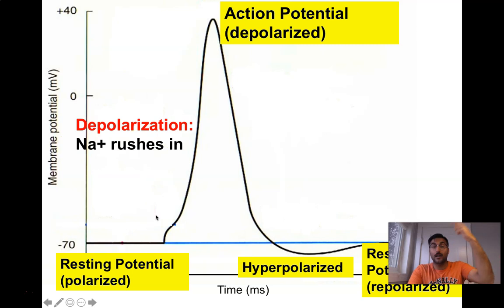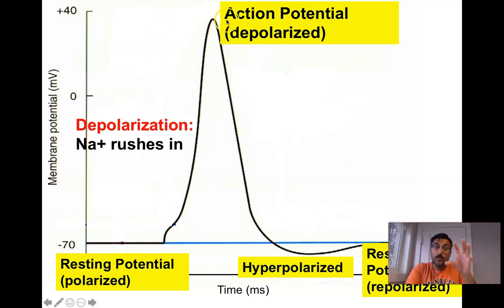We're going to get more positive, going from negative 70 all the way up to the plus 40. Once that's happened, you've got what's called an action potential. We have a depolarized membrane. We've reached the positive 40 millivolts. The signal was propagated through that section of the neuron, and it's going to happen to every section of the neuron until it gets to its destination. So it's not something that happens once. This is something that happens over and over again as the transmission is moved along a neuron.